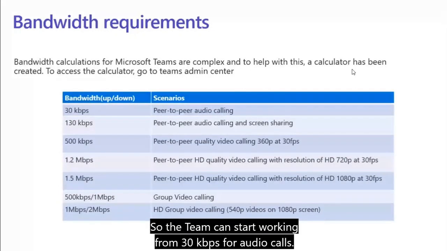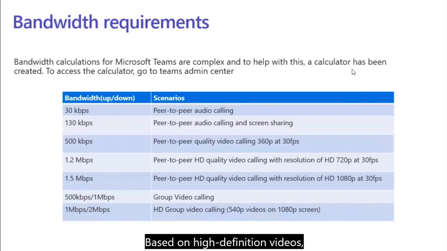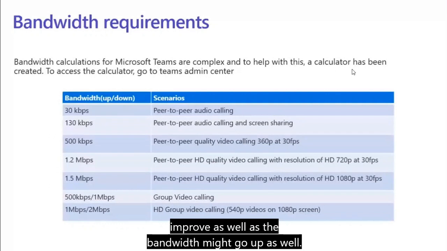Teams can start working from 30 kbps for audio calls, and based on high definition video, the frames per second, etc., the call quality will improve, as well as the bandwidth might go up.